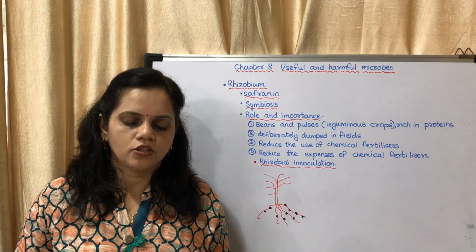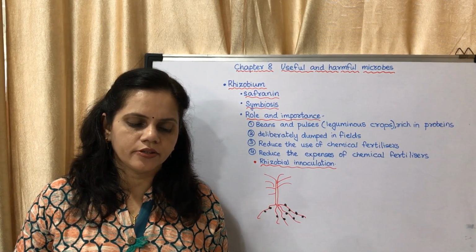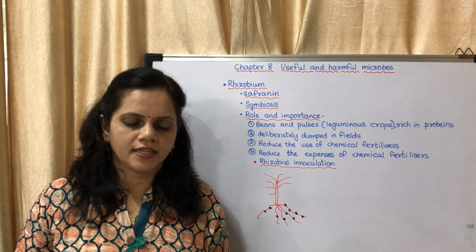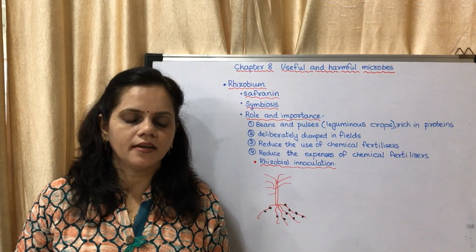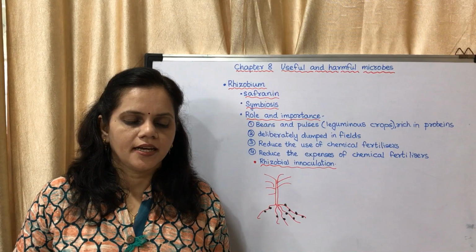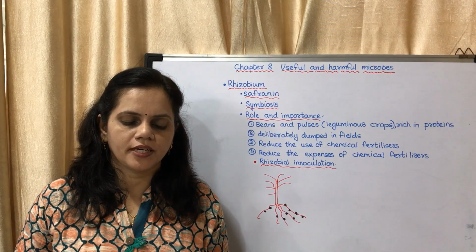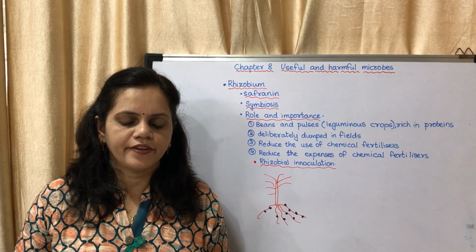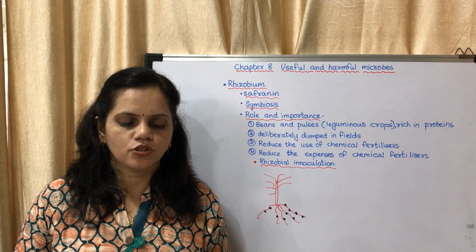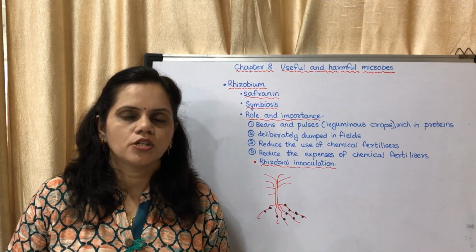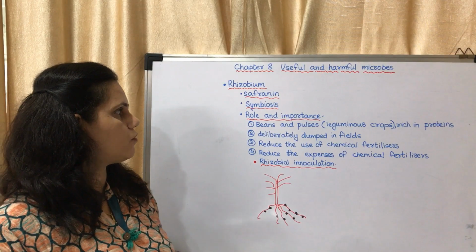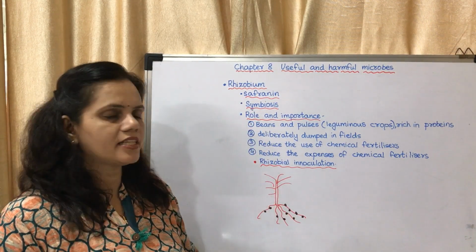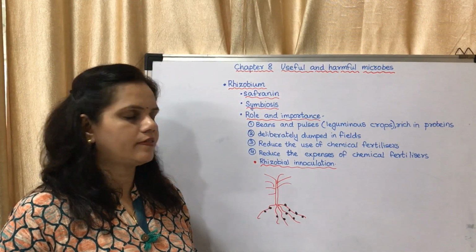The use of rhizobium has helped to reduce the use of chemical fertilizers and thereby their adverse effects. It has also helped to reduce expenses on fertilizers and thus works to the benefit of farmers. So what is the importance of rhizobium? Role and importance of rhizobium.